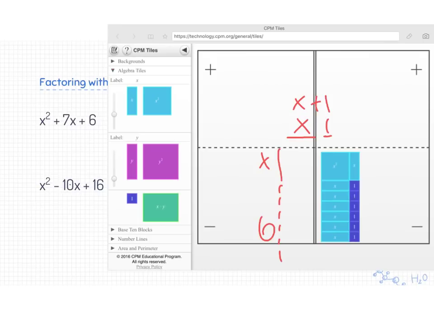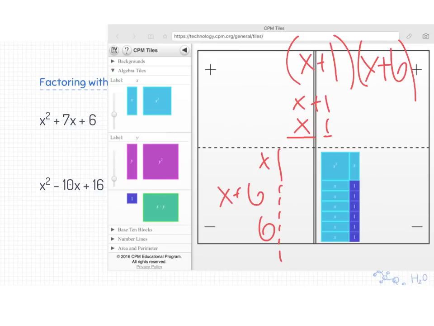So this would be x plus 6. And so our factors would be x plus 1 and x plus 6, which if we did that as our normal, our AC goes on top and our B goes on bottom, and 1 multiplies to 6 and adds to 7, that would be 1 and 6.